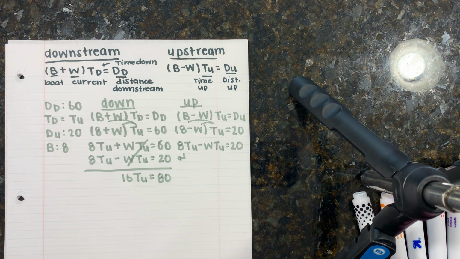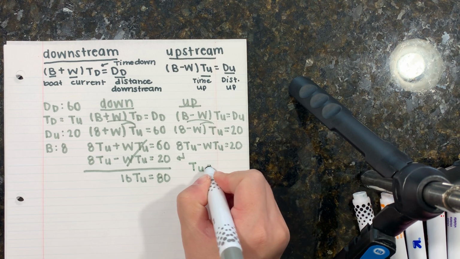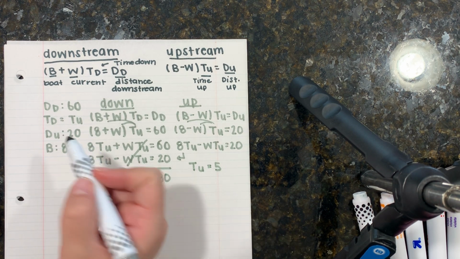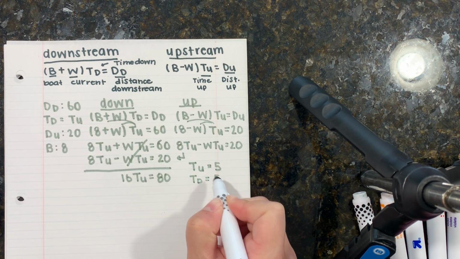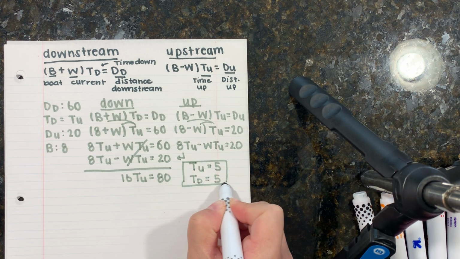Now if I divide both sides by 16, I'm gonna get that TU is equal to 5. Now if TU is equal to 5, then TD is also going to be equal to 5. But I still need to find something else. I am still missing solving for W.